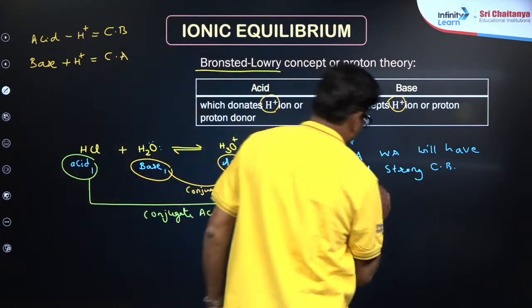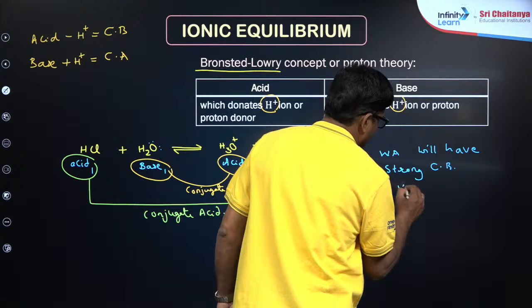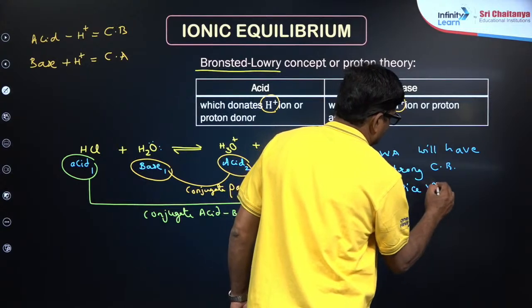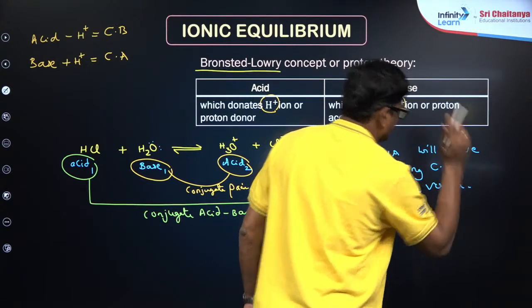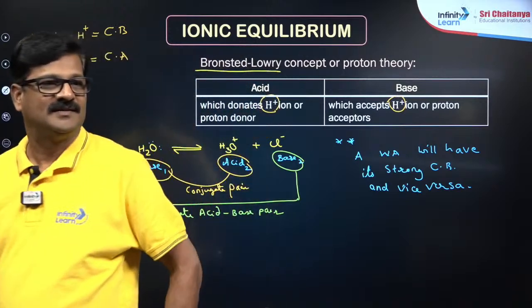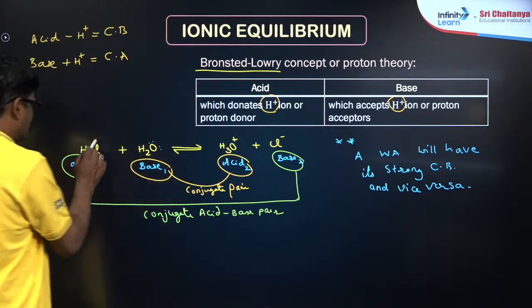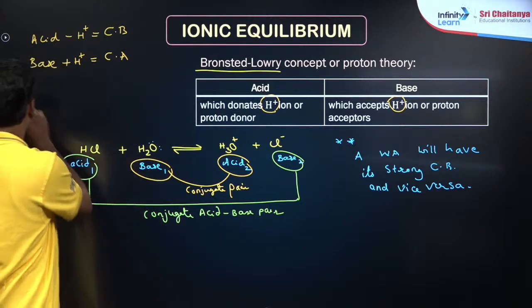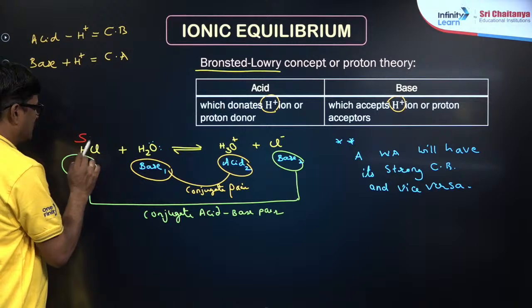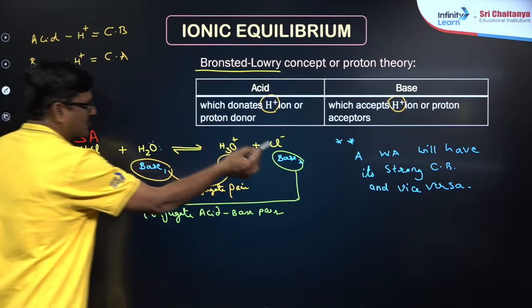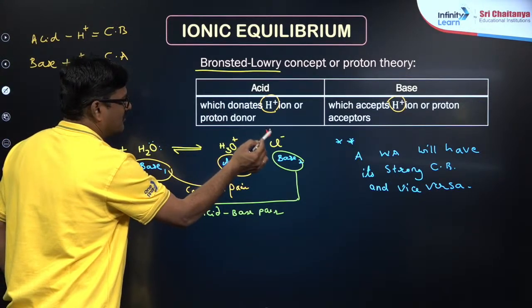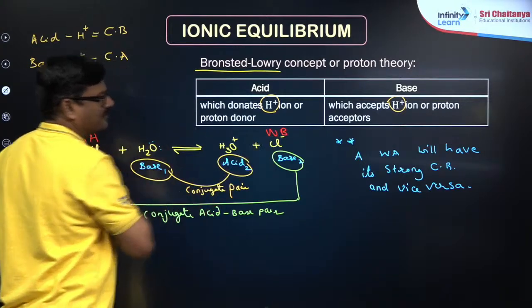Right? Now if you want to say HCl is an acid, HCl is a strong acid, and its conjugate base is going to be a weak base. Got it?